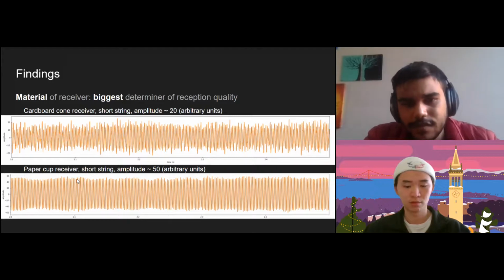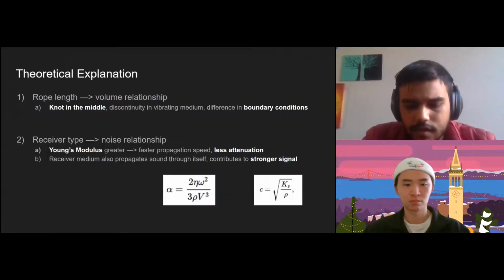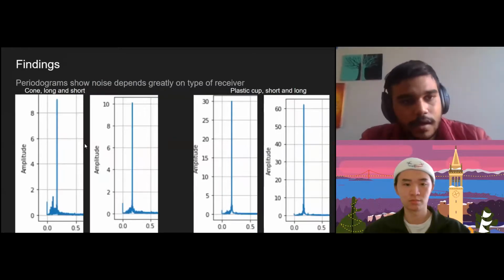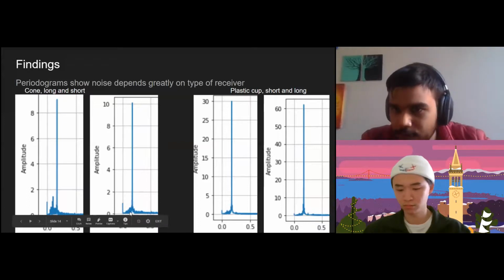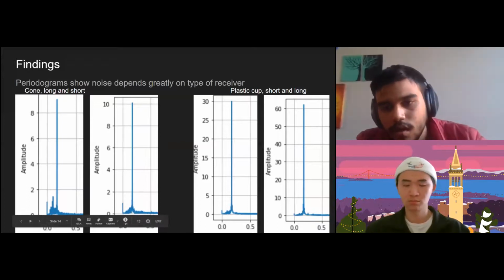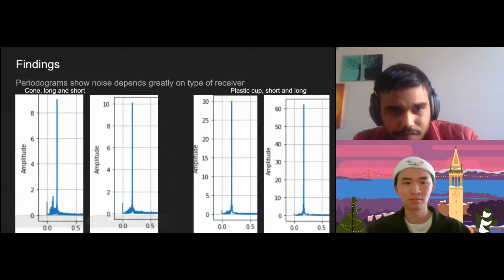These are our observations, and we try to explain them using some theory. For the periodogram, again, you can see that for the cone, we have more noise since the base of the Gaussian is wider, while for the plastic cup, the base is much narrower.